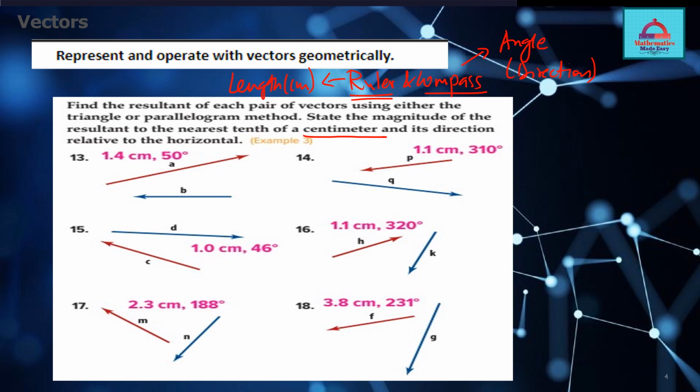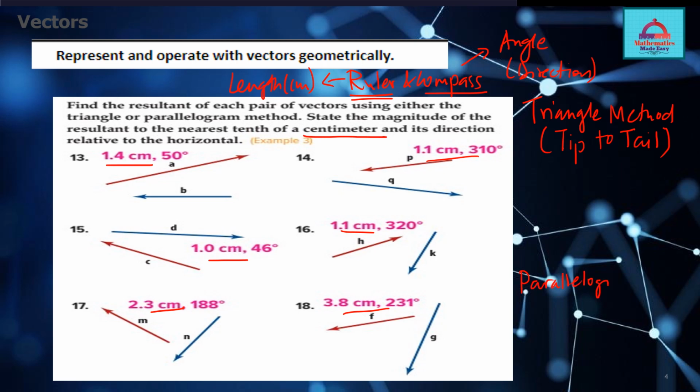But yes, I have provided the final answers in pink here, and I will give you a hint that will be very useful for solving these questions. The hint is the two methods that will help you. Either you use the triangle method, which is called the tip to tail method, or you use the other one, called the parallelogram method, which is called the tail to tail method.